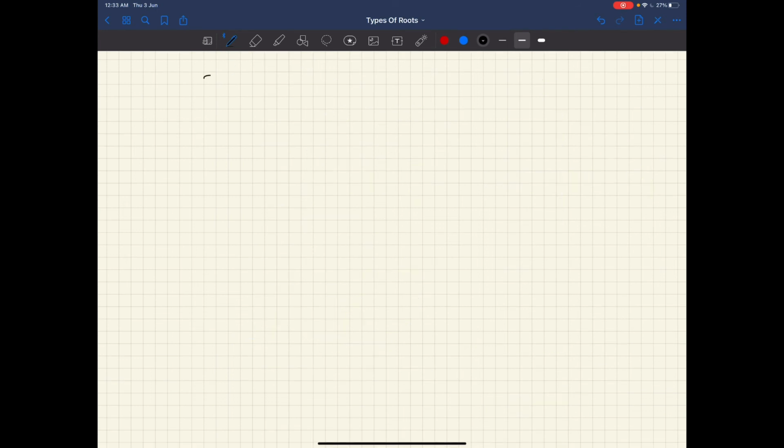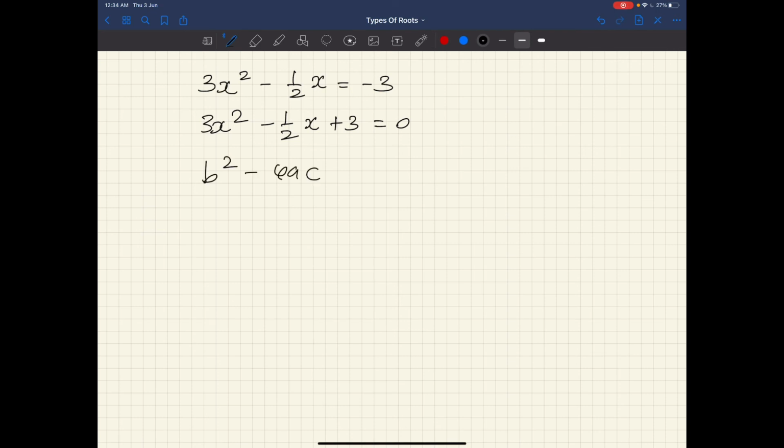You have an equation as such: 3x squared negative 1 over 2x, and then you have negative 3. So what happened here? You gotta do the same thing: 3x squared negative 1 over 2x, and then you have positive 3 equal to 0. And I'm using the same formula here. My b here is negative 1 over 2 squared, negative 4.